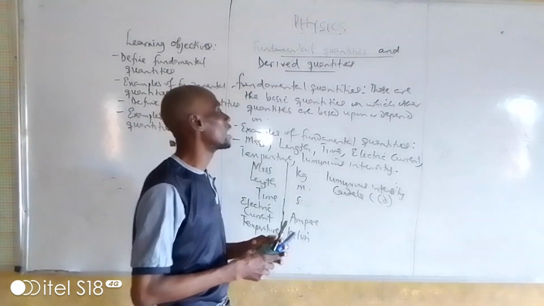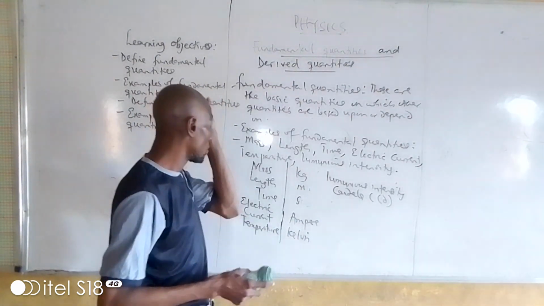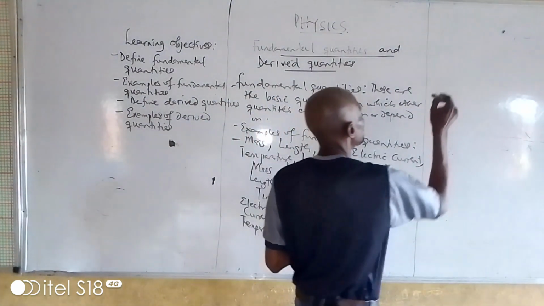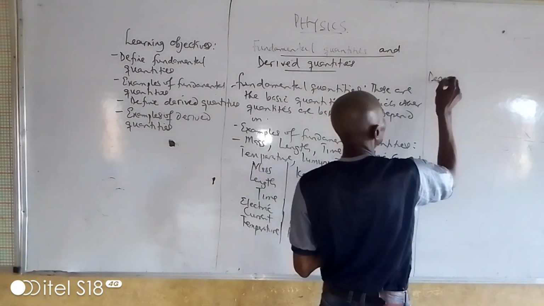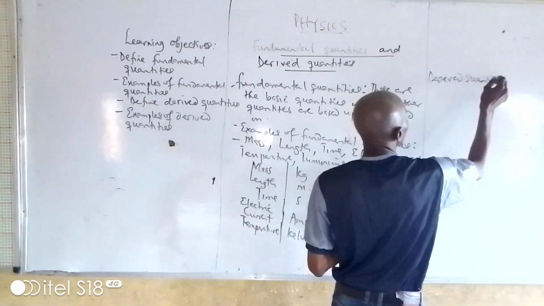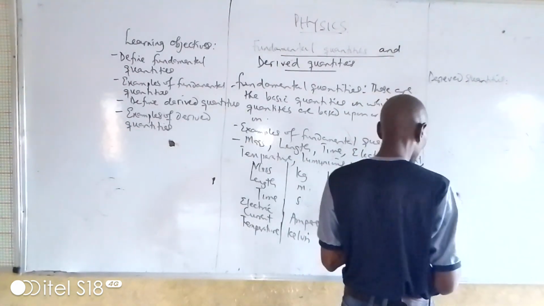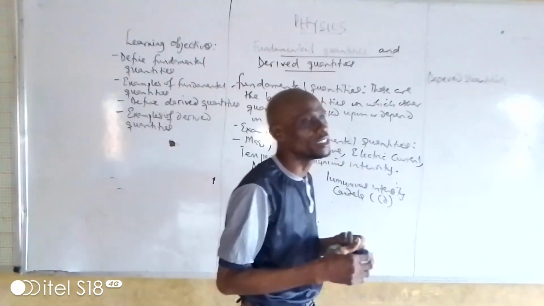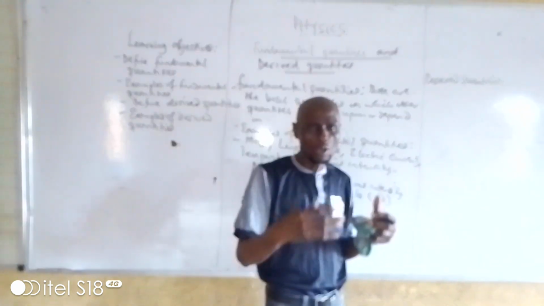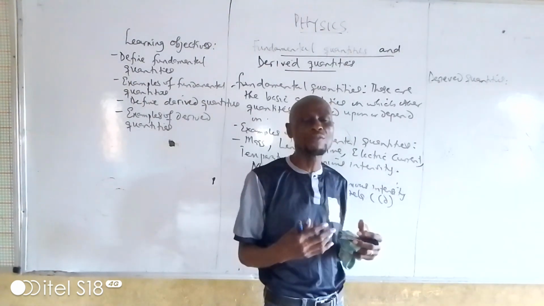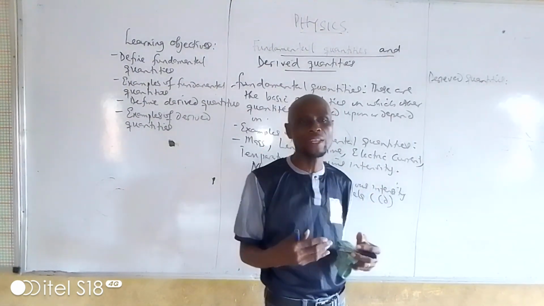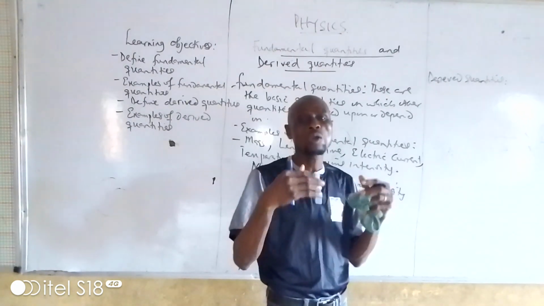Having said that, let us now look at what we call the derived quantity. Derived quantities are those you can obtain from fundamental quantities. These are the quantities that depend on fundamental quantities.